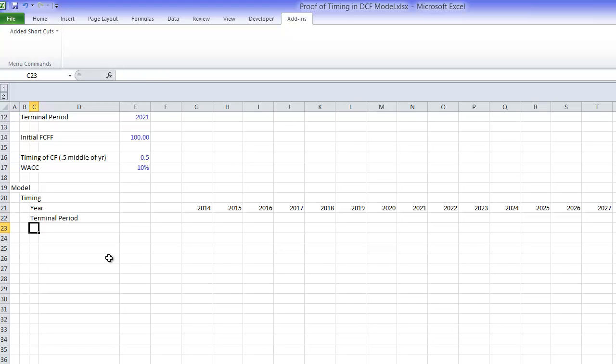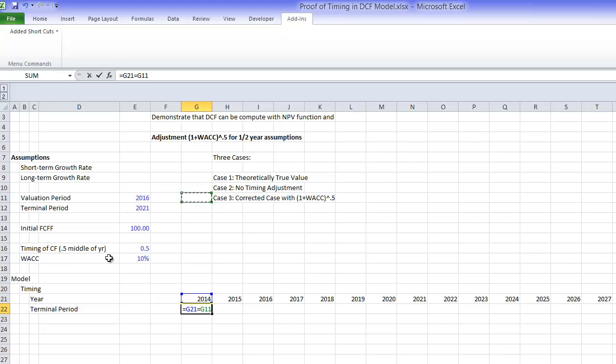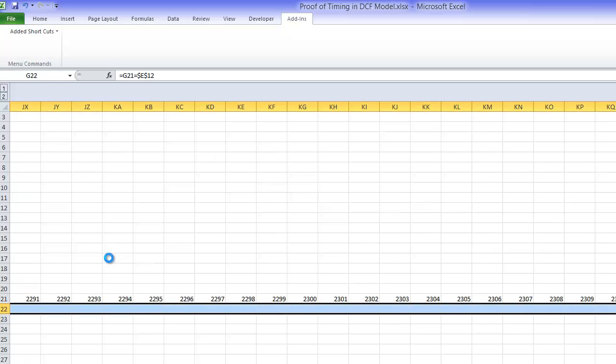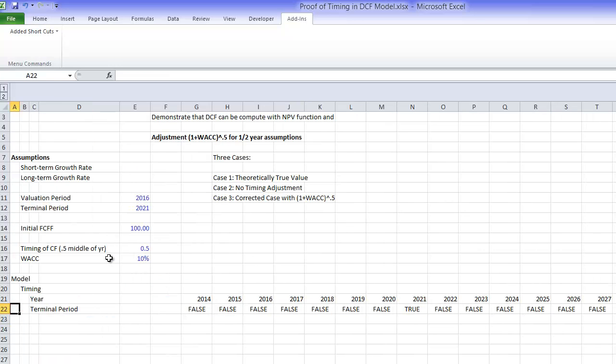It's so easy to make the terminal period: we simply put an equal sign and find when our timeline is equal to our terminal period.